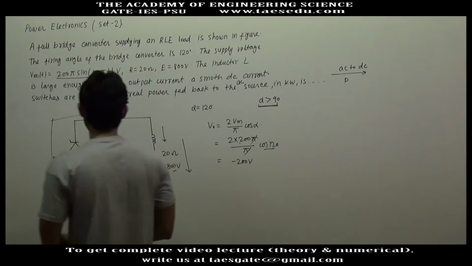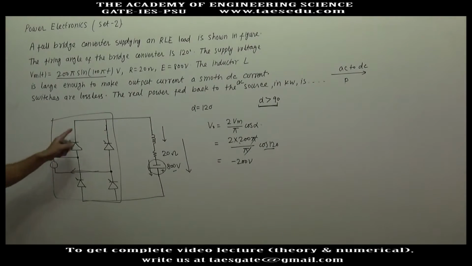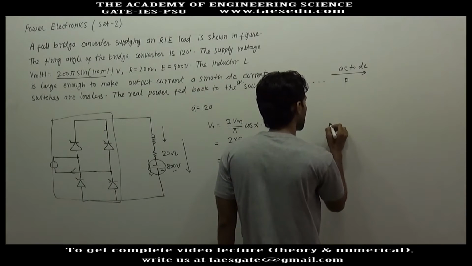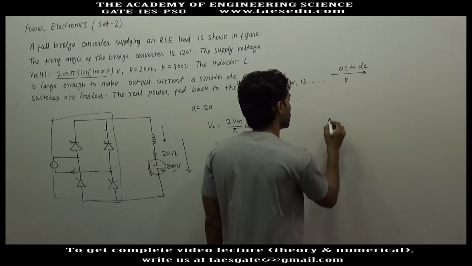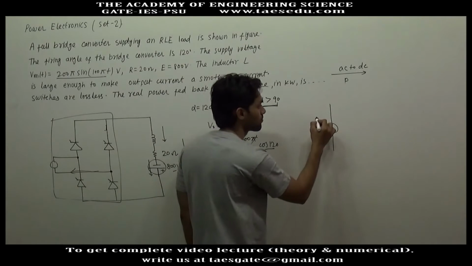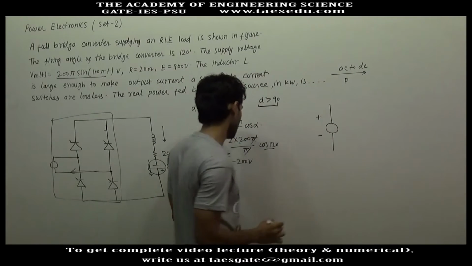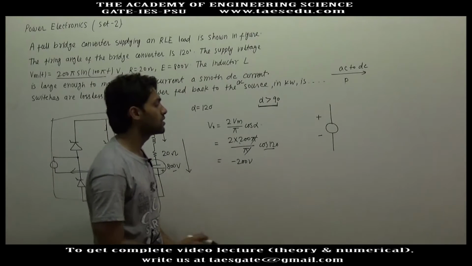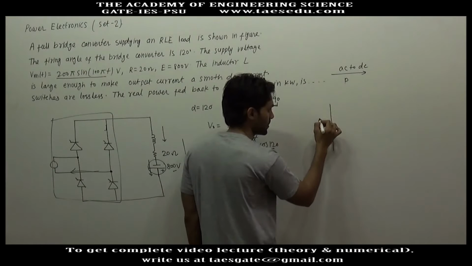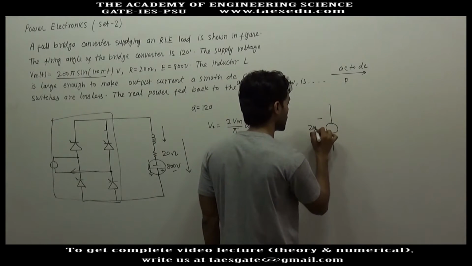Okay, it means instead of this AC source and this bridge converter, we can connect a DC source of minus 200 volt. If it was plus 200 volt, we would take positive here and negative here, but it is minus 200 volt, so the positive will be here and this will be negative. This is 200 volt.